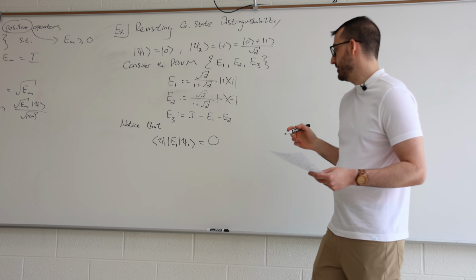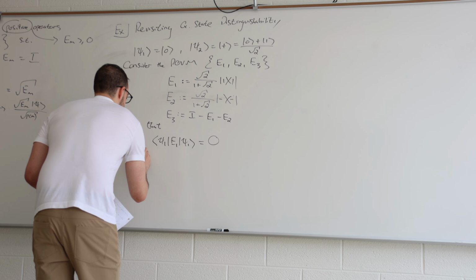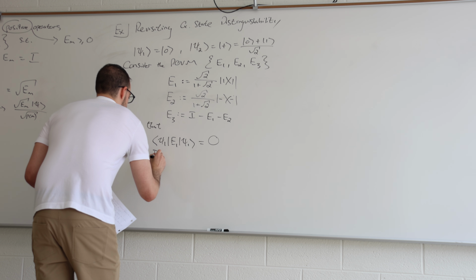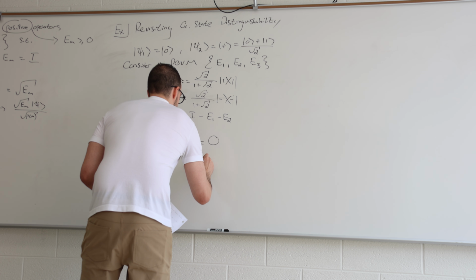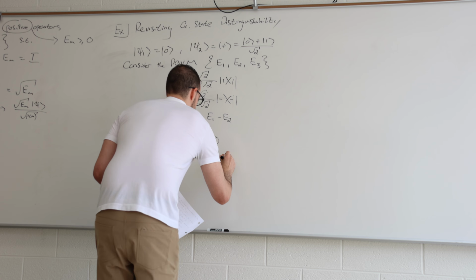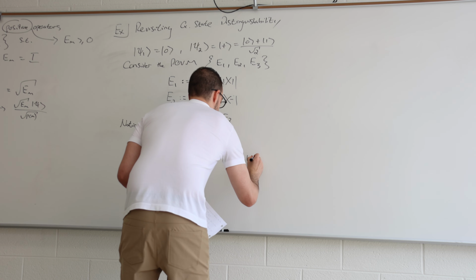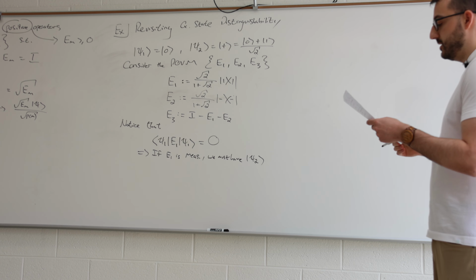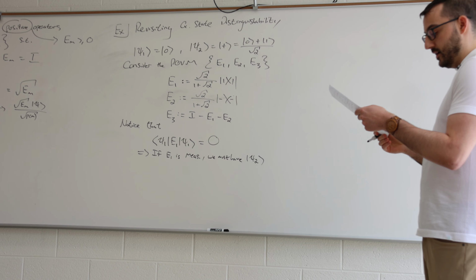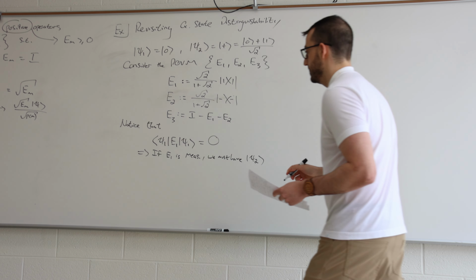Does everyone agree? So this means that if E1 is measured, we must have psi2. Now I'm going to do the same thing with the measurement operator E sub 2 with the state psi2.